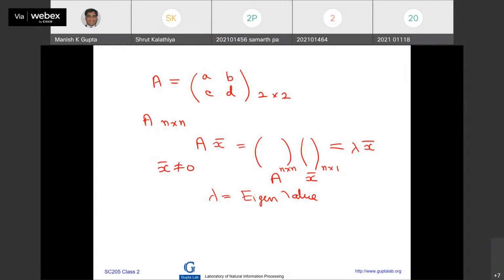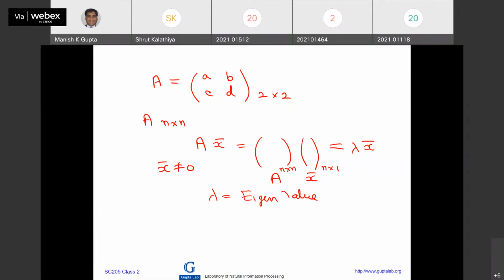So you take a matrix A, multiply it with a non-zero vector X. If it turns out that Ax is equal to some multiple of X, lambda times X, lambda is a scalar number, right? It could be real or complex, whatever. So basically, then lambda is known as eigenvalue, and this non-zero X is known as eigenvector.